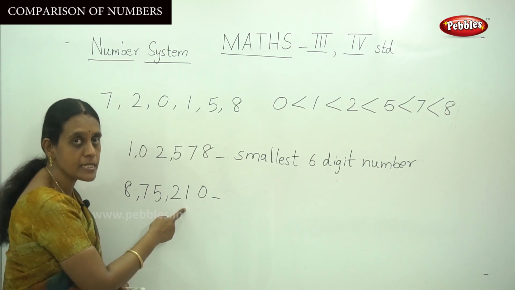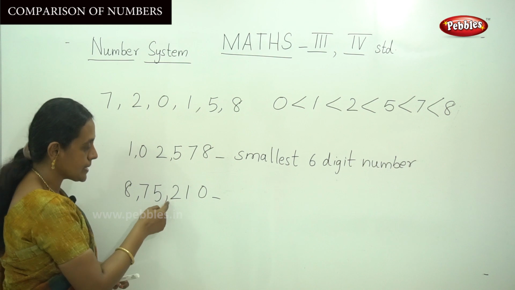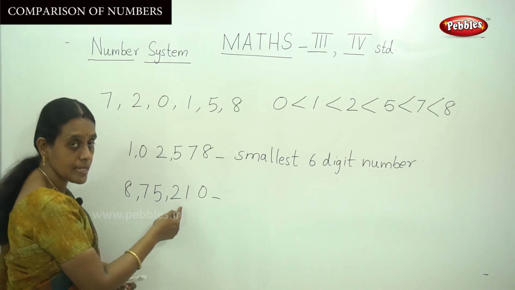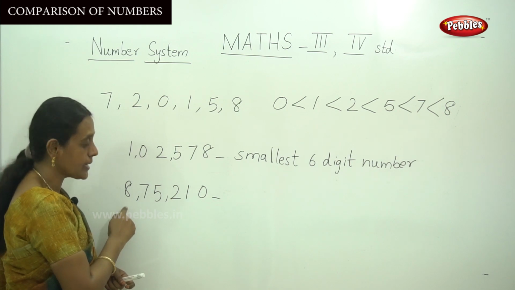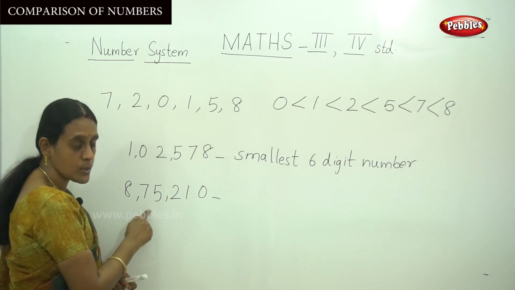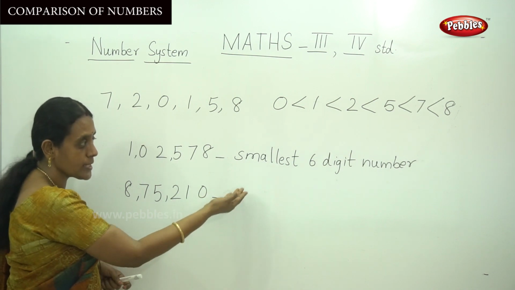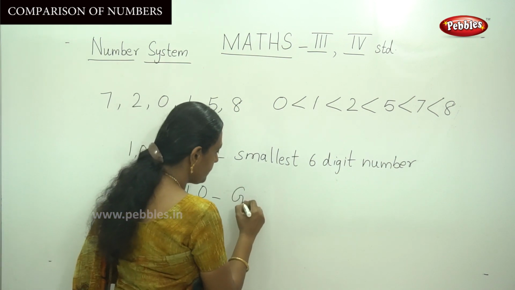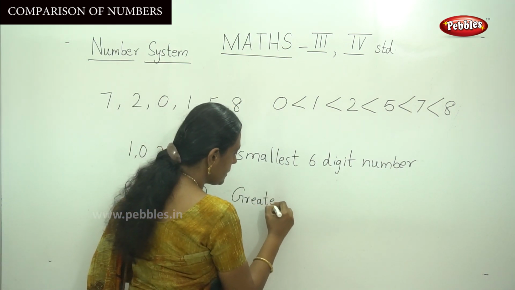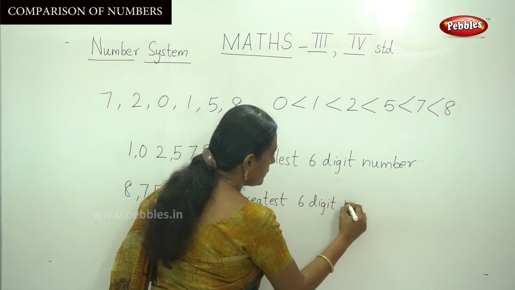For the greatest number, we put 2, 1 and 0. So insert commas: ones, tens, hundreds, thousands, ten thousands and lakh. That is 8,75,210. Now this is the greatest 6-digit number.